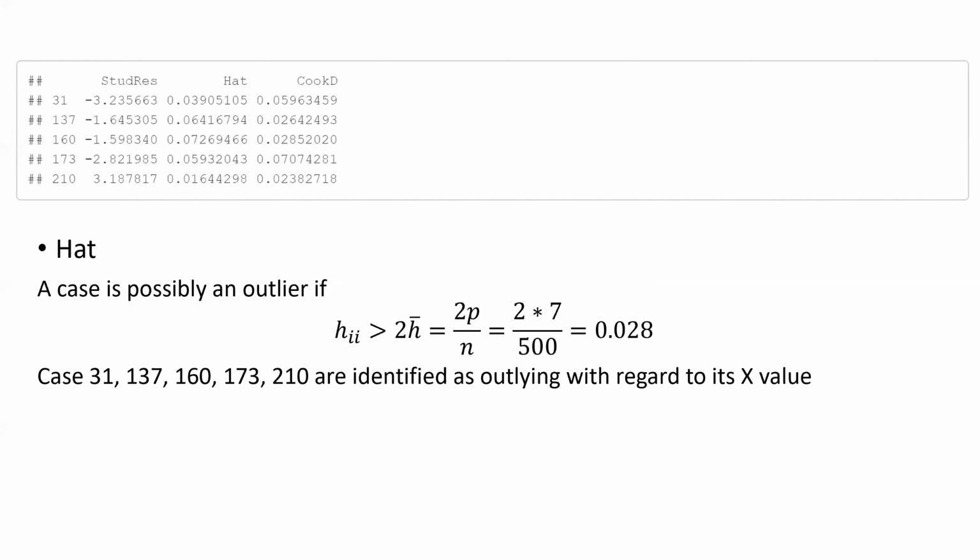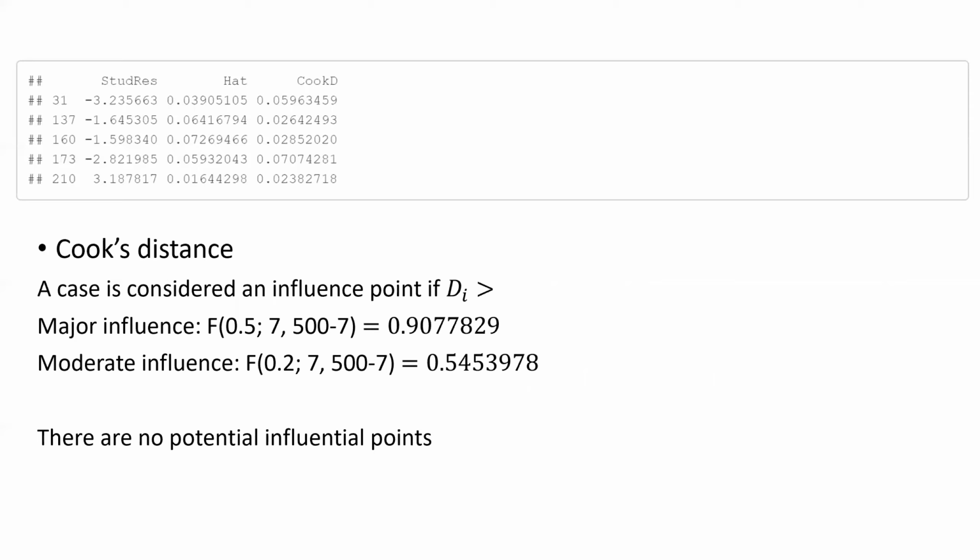There are 5 cases identified as outlying with regard to their X value. The third one is Cook's distance. A case is considered an influential point if Di is larger than the threshold, so here we mainly consider 2 cases: the major influence, denoted as the 50% line, and the moderate influence, which indicates 20%. There are no potential influential points.